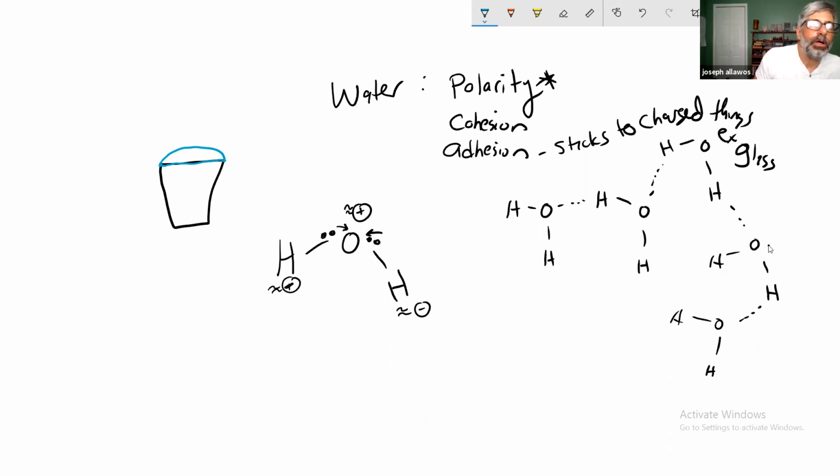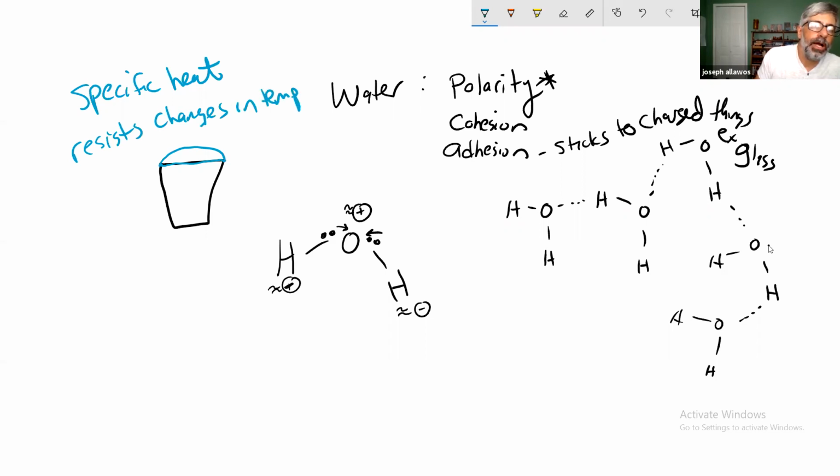The other property of water is called specific heat. And specific heat ends up being very important to living things because, remember homeostasis, because of the hydrogen bonding, water has a very high specific heat, meaning it resists changes in temperature, right?